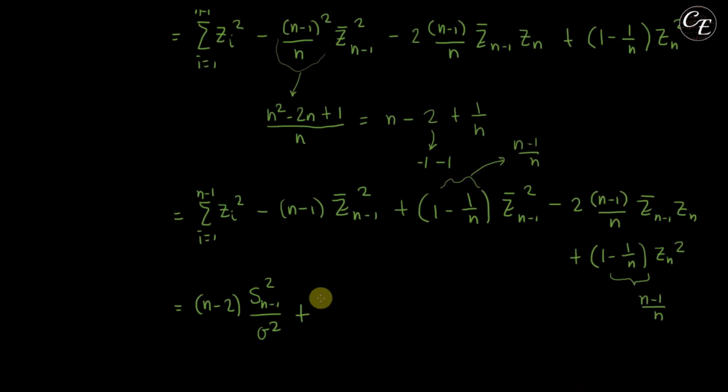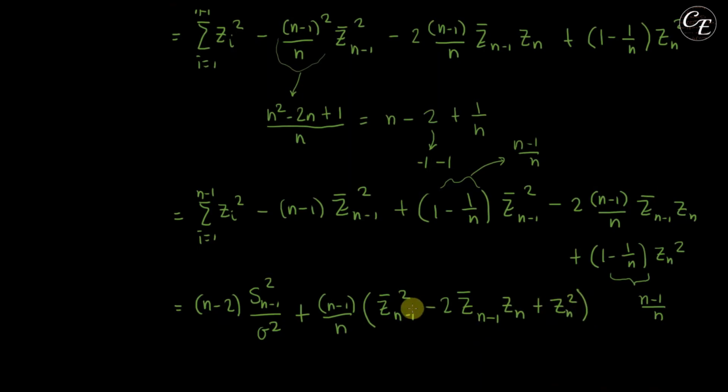So we have here n minus 1 over n, and then the remaining are z bar n minus 1 squared minus 2 times z bar n minus 1 times z sub n, and then plus z sub n squared.